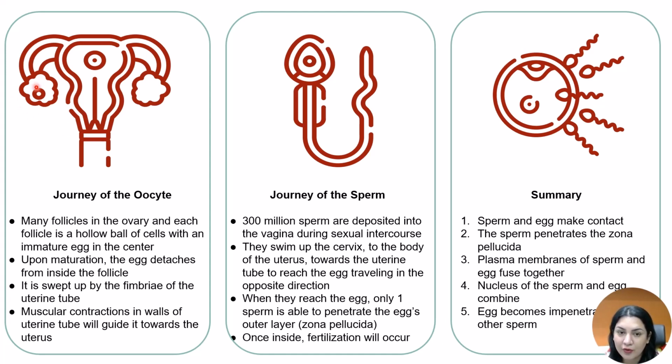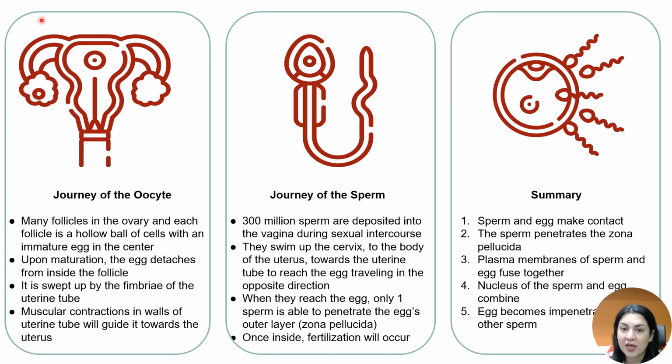Within the ovary itself, there are going to be many thousands of follicles. Each follicle is basically a hollow ball of cells that has an immature egg sitting in the center of it all. As these follicles mature, they secrete hormones into the bloodstream to start to prepare the lining of the uterus in case a pregnancy occurs.